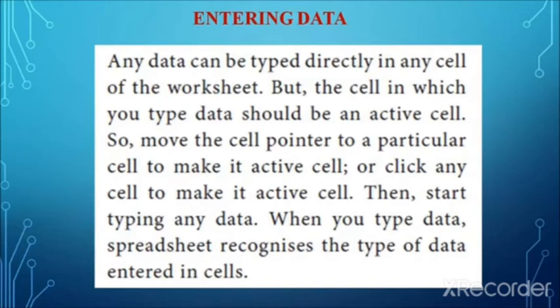We ensure the cell is active with the help of the thick rectangular box. After making the cell active, we can type the data directly. Once you type the data, the spreadsheet will recognize the type of data entered in the cell. There are various data types available.